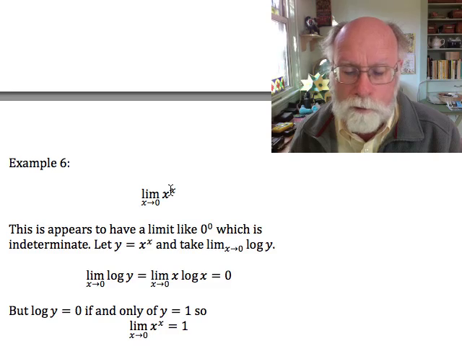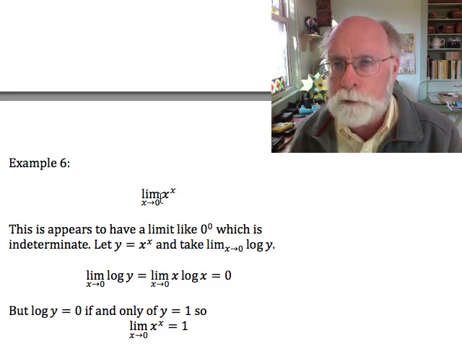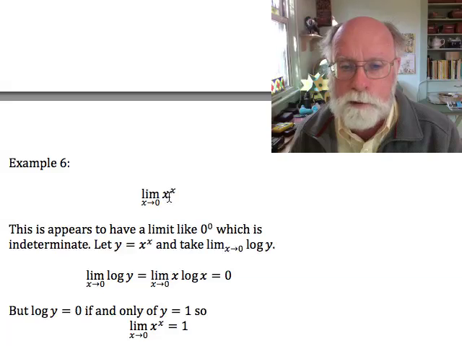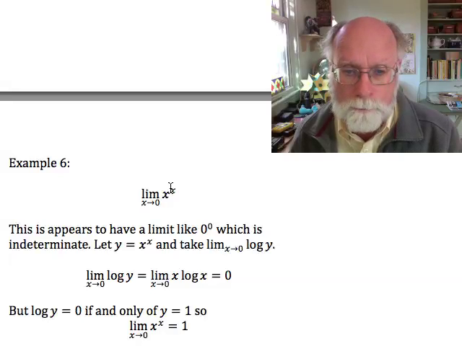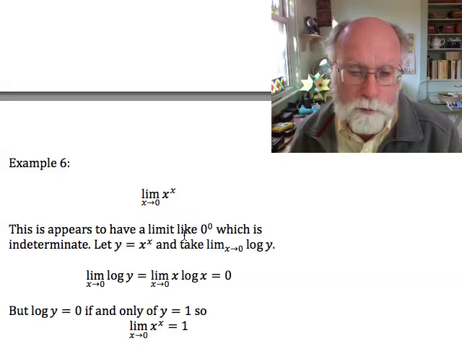The exponent, though, is trying to make the answer be 1, because if you raise anything non-zero to the 0 power, you'll get 1. So we have an indeterminate form because the two elements in it are pulling in opposite directions, and there's no way for us to see immediately which factor is going to win.